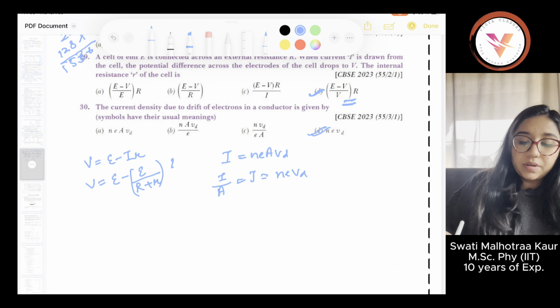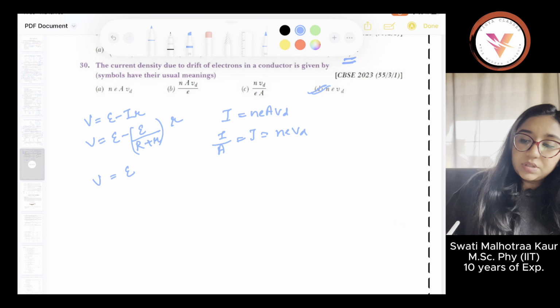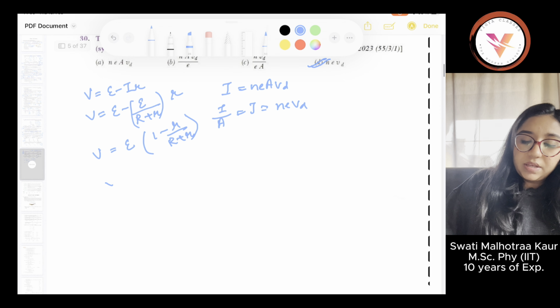Here you can take E out, and this becomes 1 minus small r over R plus small r, and then V by E is equal to R over R plus r.